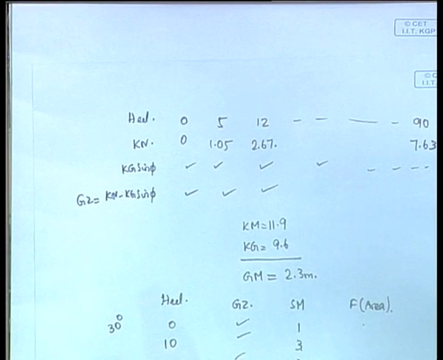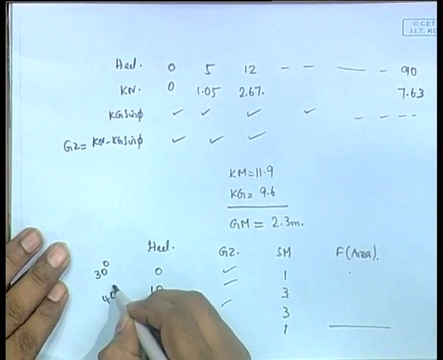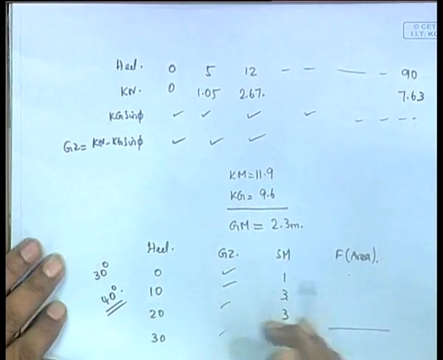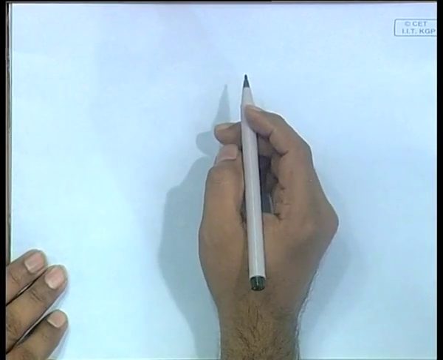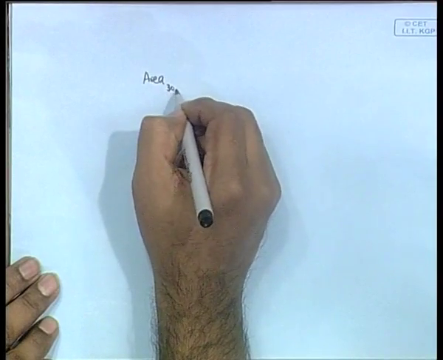Then, similarly, you do this from 30 degrees, then next one you have to do till 40 degrees, you have to find the area. Then once you have that, you have to find the area between 30 to 40.